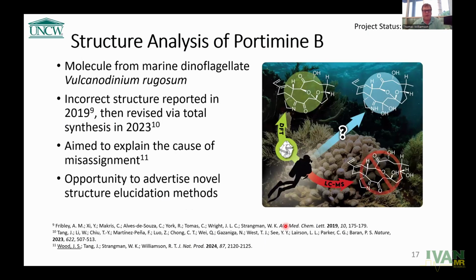And so, not too long after this work was published, our group ran across an issue where a compound named portamine B that had been reported by some co-workers in the past was shown to be wrong, or had been incorrectly assigned. And Phil Baran had shown this in some synthetic work on portamine A, which shows some just fantastic anti-cancer activity. So it'll be interesting to see where that molecule goes.